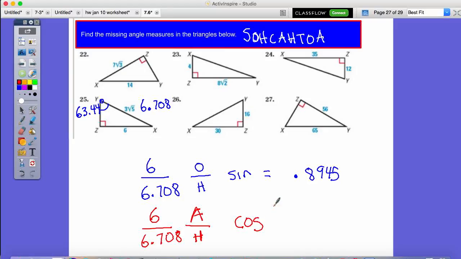So again, 6 divided by 6.708, I've done that math before, is 0.8945. So 0.8945 second cosine equals, hold on, I pressed one button too many here. 0.8945 second cosine is 26.56, what it rounds to. So if I add 26.56 plus 63.44, I get 90.